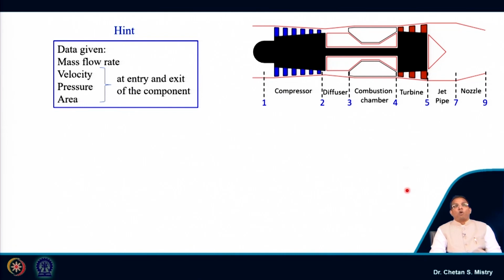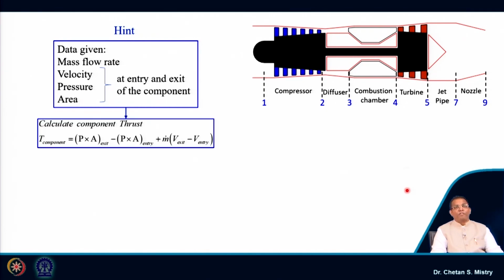Let us see what all data is available with us. We know what is our mass flow rate, we know what are the velocity, pressure and area at the entry and exit of all these components. Now, we have our fundamental equation. The component thrust is given by pressure into area at the exit minus pressure into area at the entry plus m dot into V exit minus V entry.